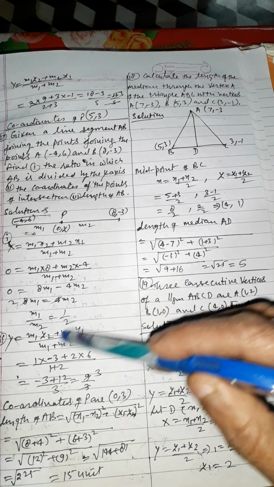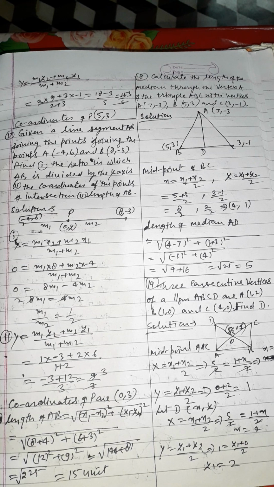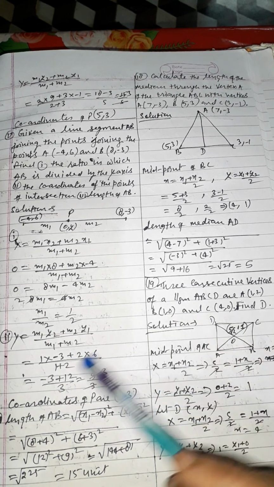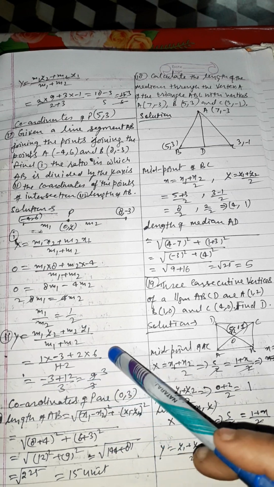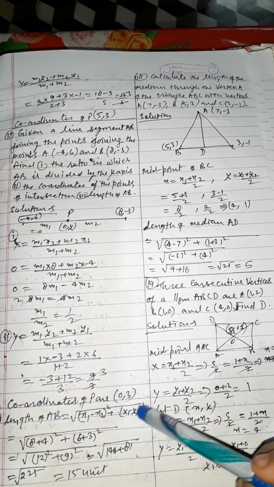Then m1 upon m2 is 1 upon 2, and y is equal to m1 y2 plus m2 y1 upon m1 plus m2, 1 into minus 3 plus 2 into 6 upon 1 plus 2, it is 3. The coordinates of P are 0 and 3.